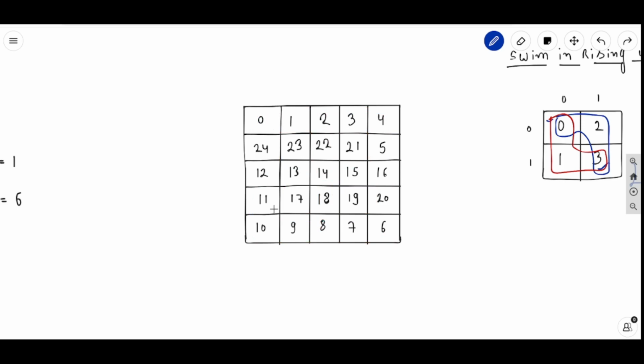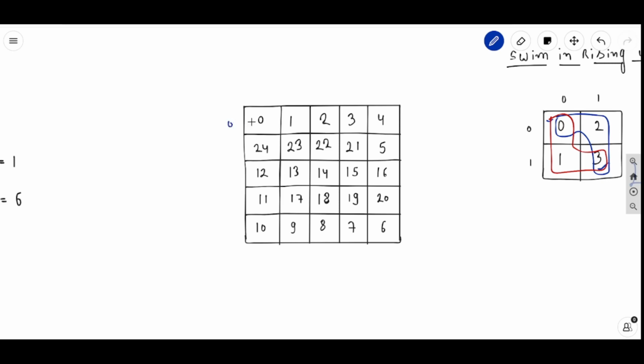So how we're going to solve this problem: one of the strategies that comes to mind when we want to traverse starting from a given source vertex to some destination vertex, such that we want to find the maximum integer along that path, is to use a single source shortest path algorithm.